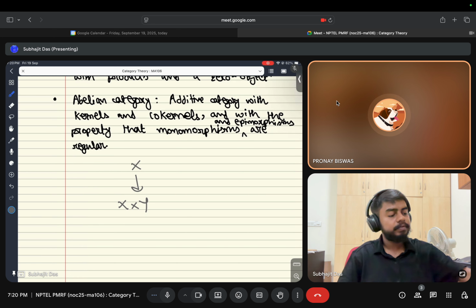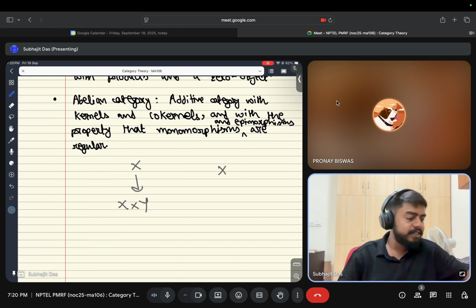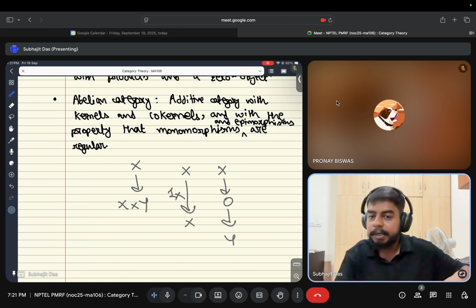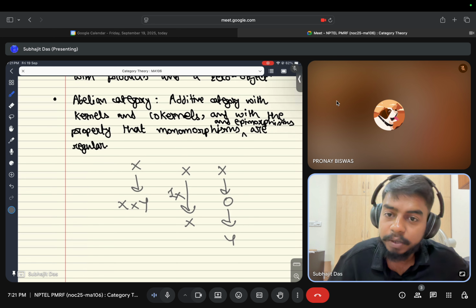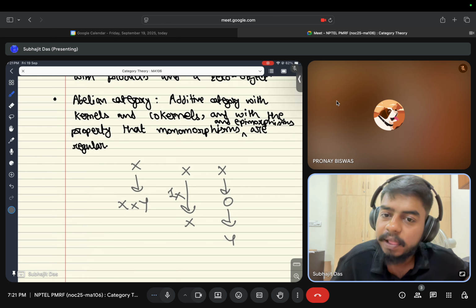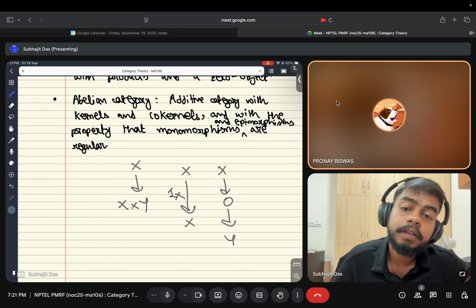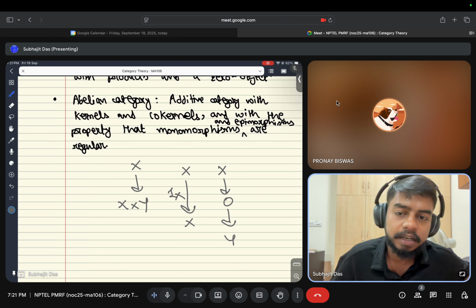Yeah, exactly. Because you have some special map, which is the zero map from x to y. So what you can do is take this map from x to y and take the identity map from x to x. Now by the universal property of what do you get a map from x to x cross y? No, from the universal property of products, right?